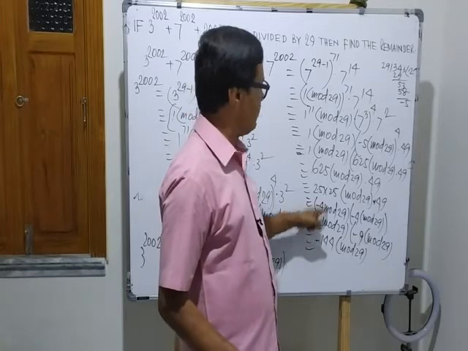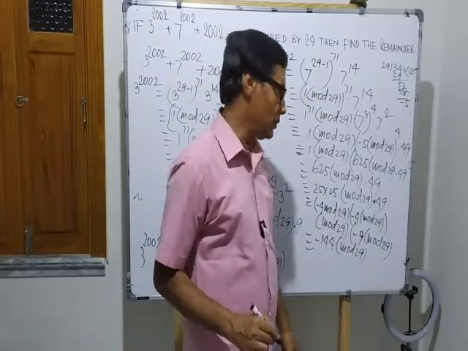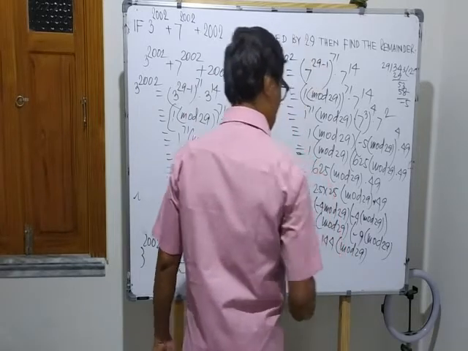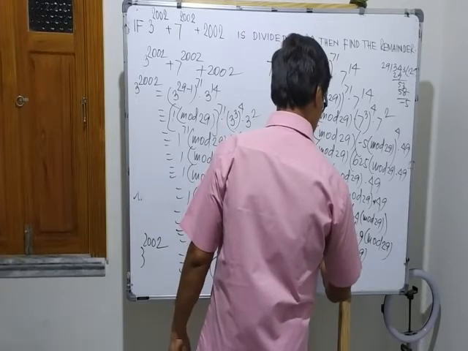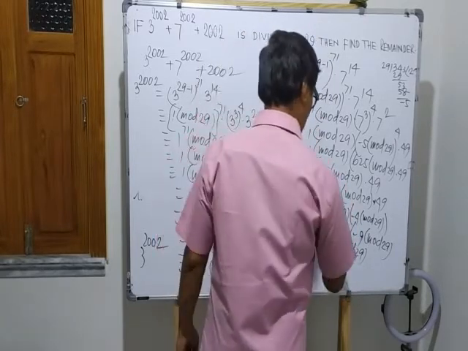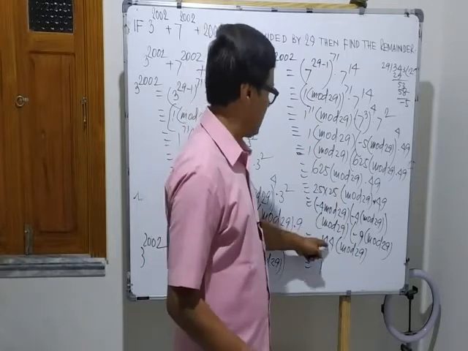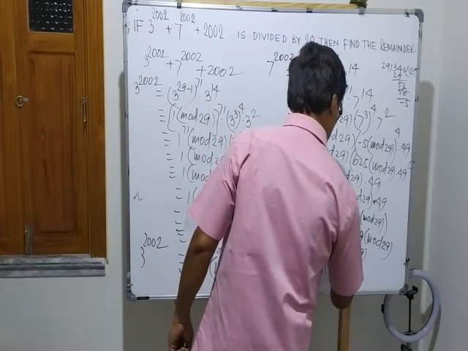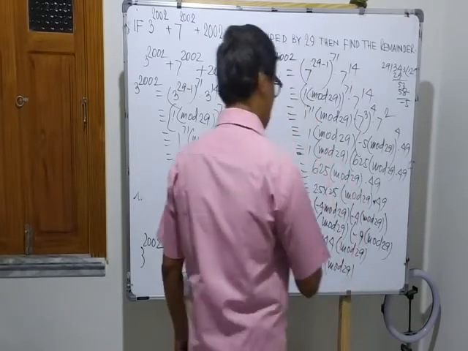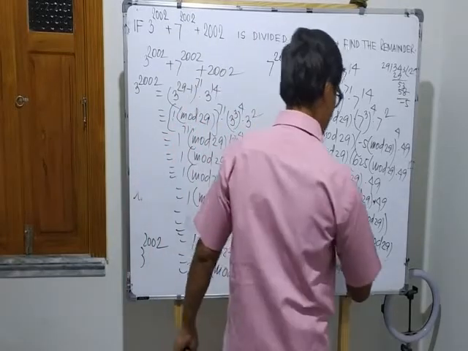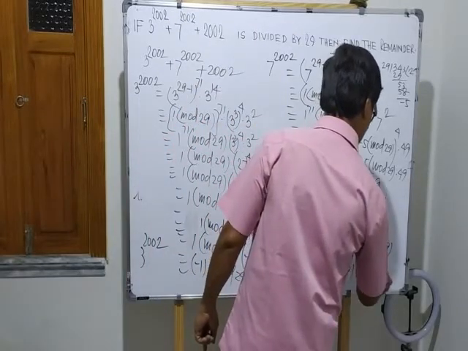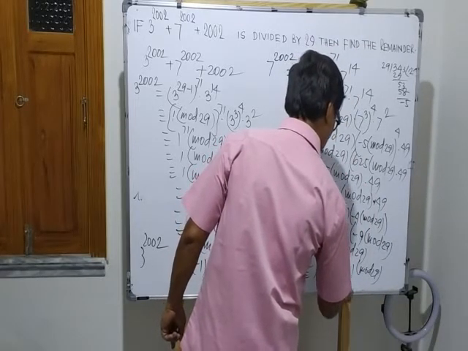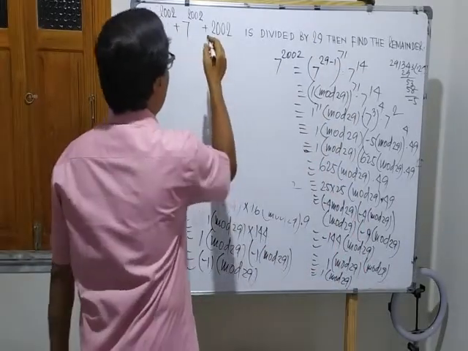By the property of congruence, 144 is minus 1, so minus 1 into minus, that is plus 1 modulo 29. This is equivalent to 1 modulo 29. Now lastly we have 2002.